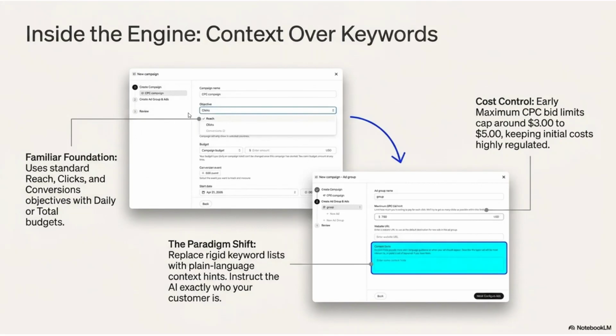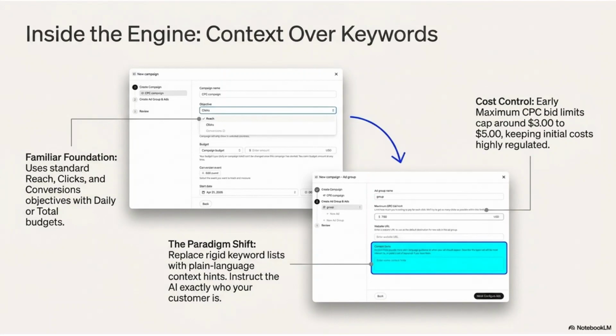So in this slide we are able to see the preview of the campaigns, right, the campaign level and the ad group level. This is how exactly it will look. In the campaign name we need to give the campaign name. In the objectives we have three kinds of objectives: reach, clicks, and conversions. If you select reach as your objective, it means your ads will reach the people who are likely to remember.